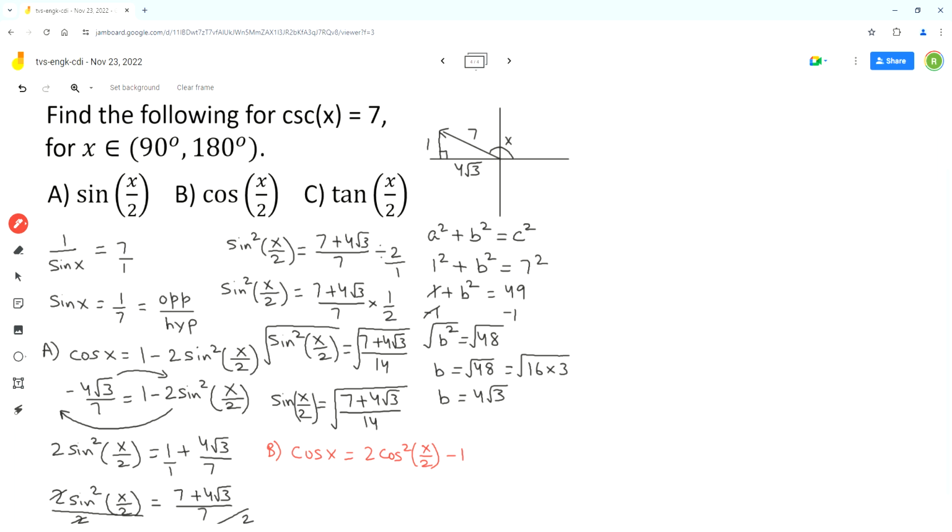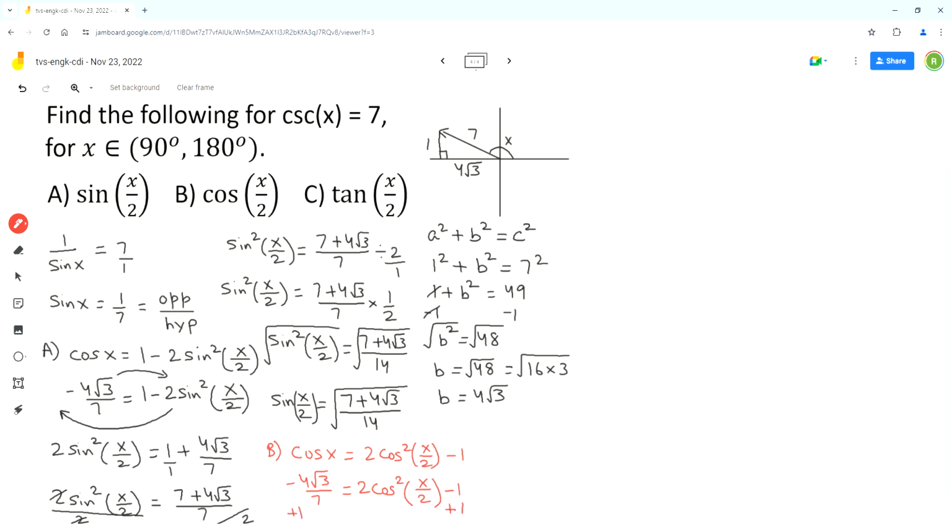We got cos x as negative 4 square root 3 over 7. Next, we can add 1 to both sides to isolate 2 cos square x over 2 on the right side of the equation.